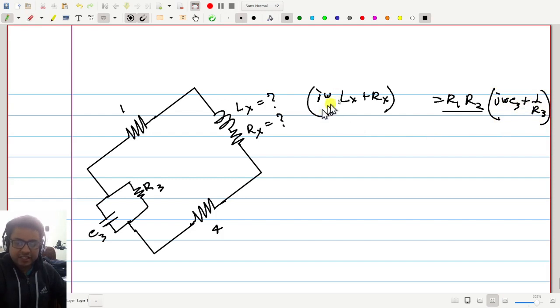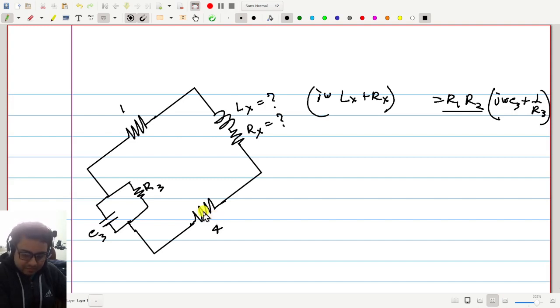Now I can equate the real to real and imaginary part to imaginary part. That's all. Okay, and this is what we also saw yesterday, and this is called Maxwell's bridge. We did this yesterday. Okay, so this little bit of cleverness only helps in writing the balance equation quickly. That's all.